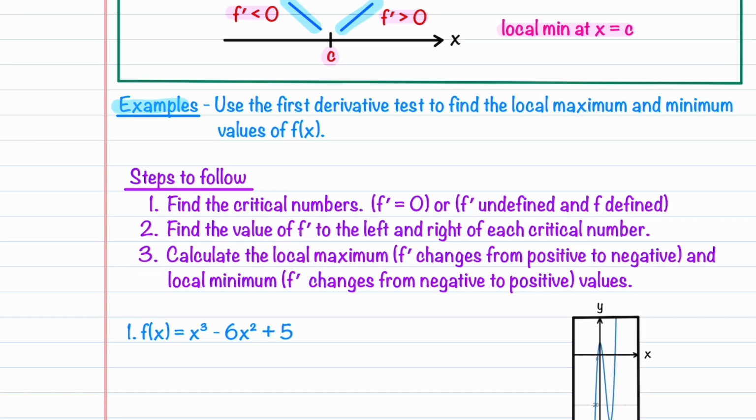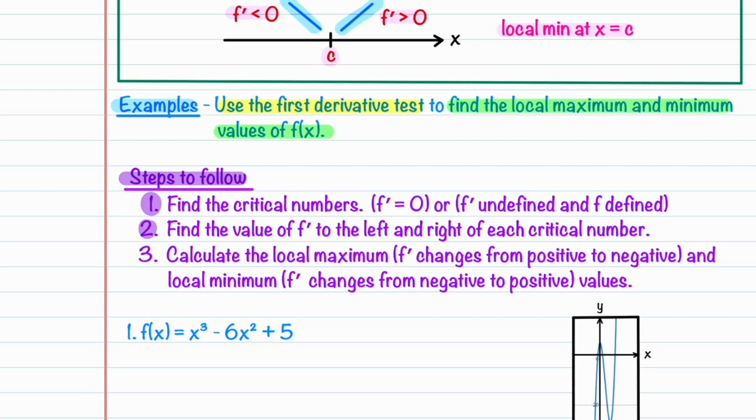Let's now walk through some examples. We are going to use the first derivative test to find the local maximum and minimum values of f of x. Just to make things easier, I have written down some steps that we can follow. The first step is to find the critical numbers.